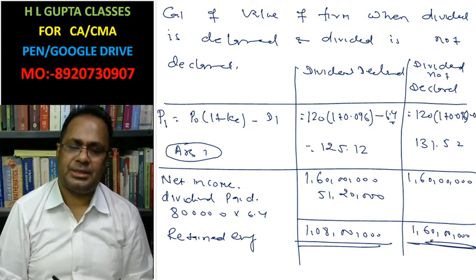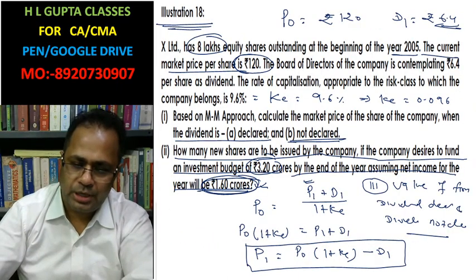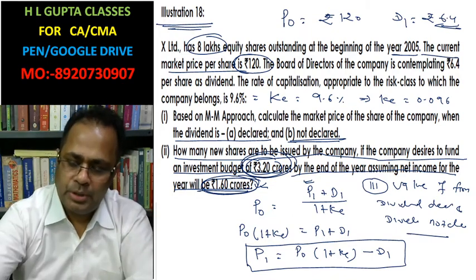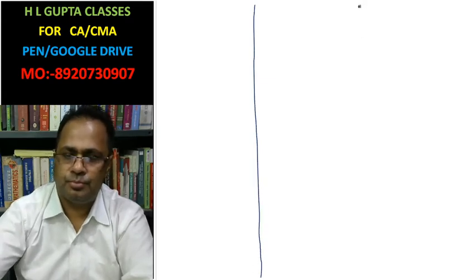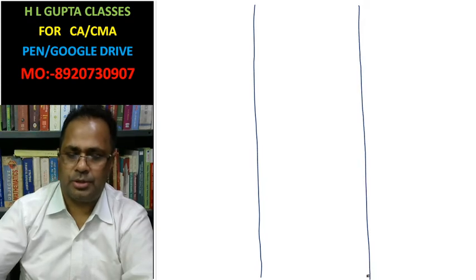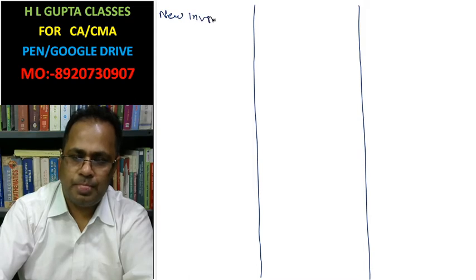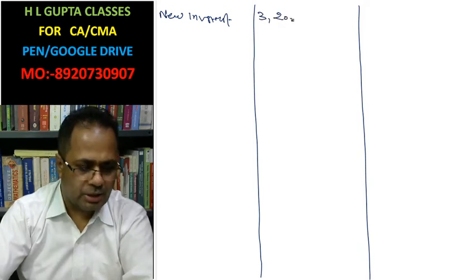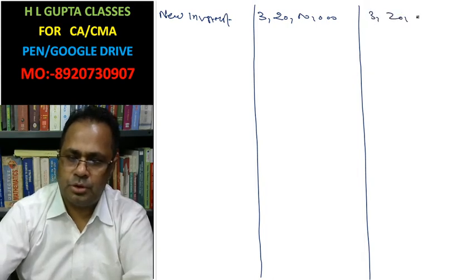Now we have to invest further. How much amount do you have to invest? 3 crore 20 lakh. Now you have to calculate how much new equity share you need to raise. New investment is 3 crore 20 lakh.